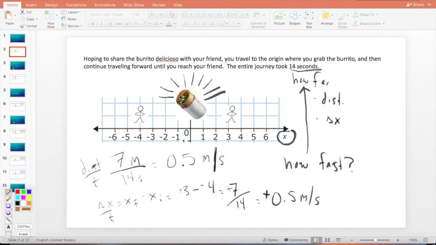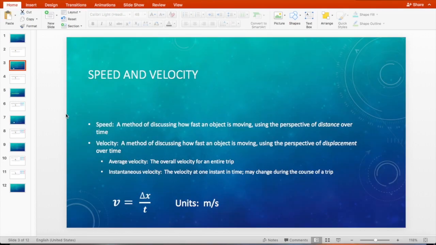So we have two different ways of talking about how fast something is going. We call those ways, the two different ways of discussing how fast an object is going, speed and velocity. Speed is a scalar quantity. It will never have direction because it uses the perspective of distance over time. Velocity, this is the big daddy of this unit.